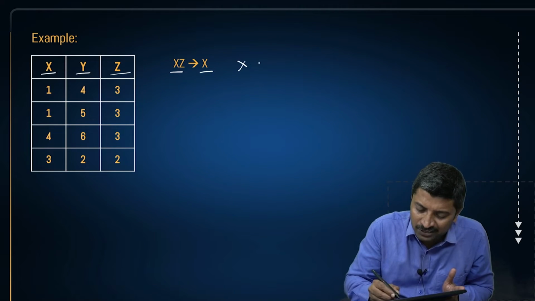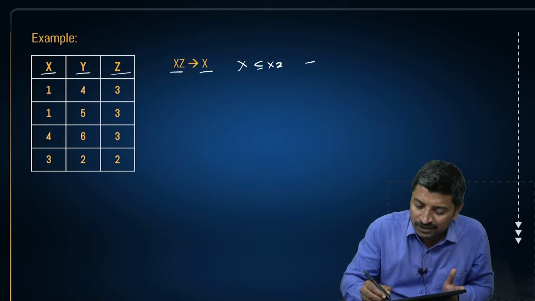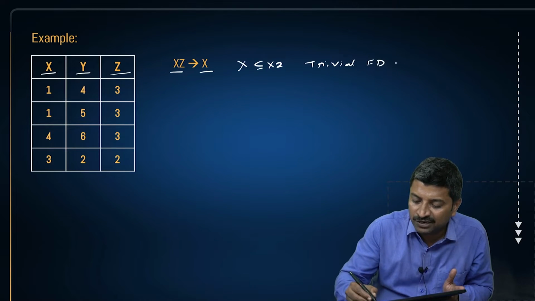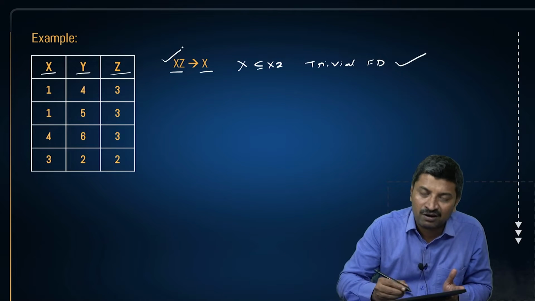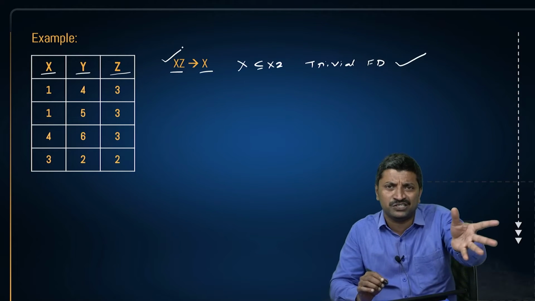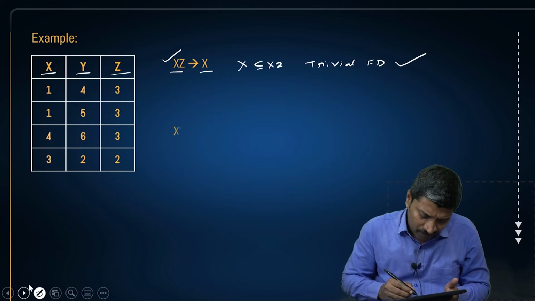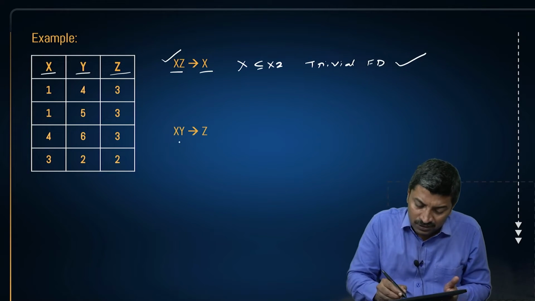So x is a subset of xz. What does it mean? It is a trivial functional dependency. Whenever we are having a trivial functional dependency, no need to verify. It always holds on any relation instance of the given relation. Is it clear?